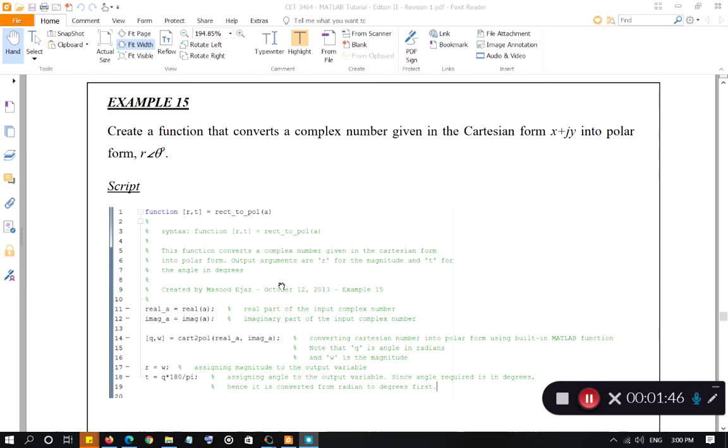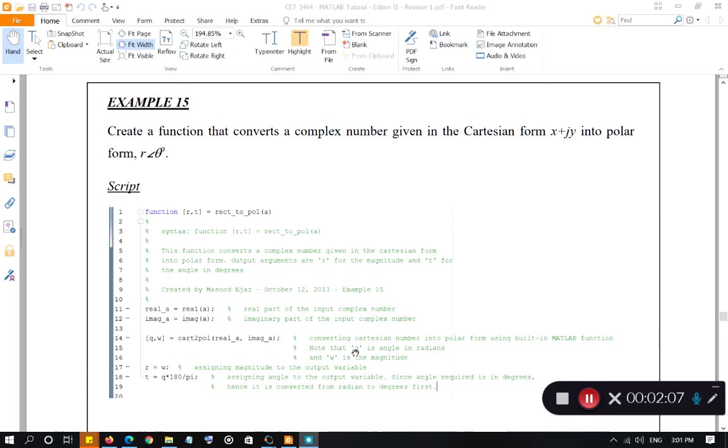So the function has two outputs: magnitude represented by r and angle represented by t. My function name is rect2pol, rect underscore to underscore pol, and the input is my rectangular complex number.